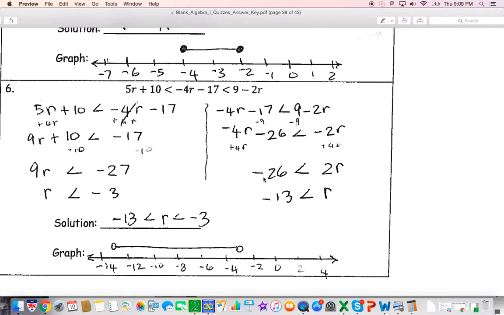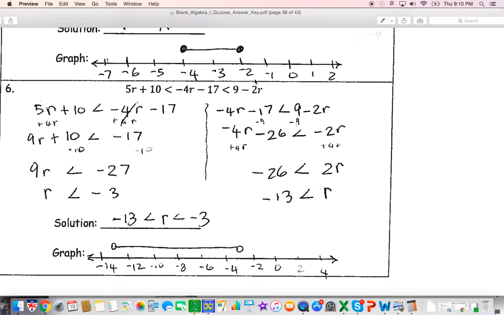And I get that negative 26 is less than 2r, which is good because now I have a positive over here, so I'm not dividing by anything negative, so I'm not flipping any signs. So I'm going to divide both sides by 2, and I get that r is greater than negative 13, or negative 13 is less than r, whichever way you prefer to say it.